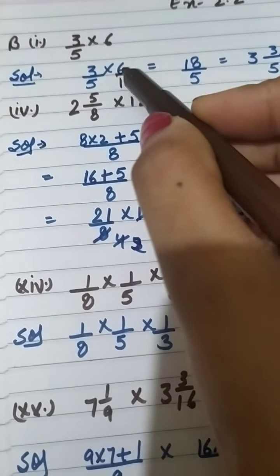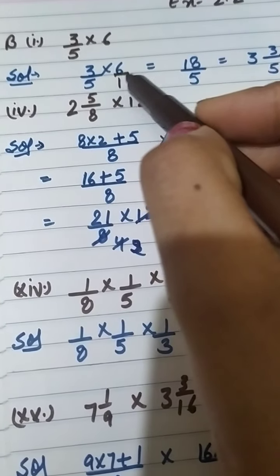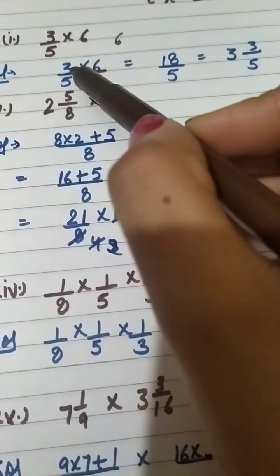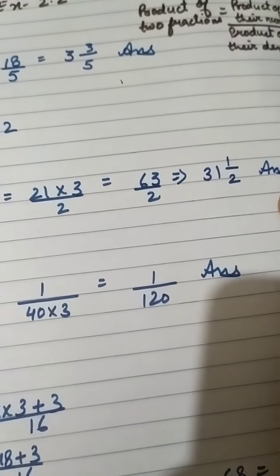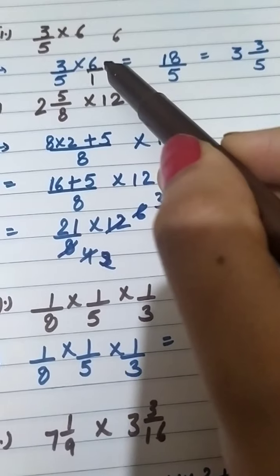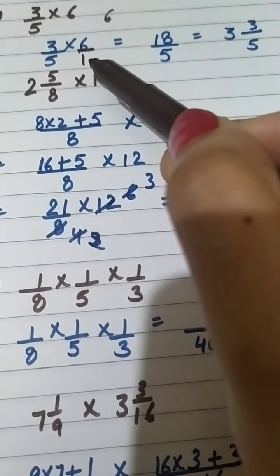You know this, that if there is no denominator, we assume 1, because if we write 6 or 6 upon 1, it is the same. So what is the formula? Product of the numerators means 3 multiply 6, that is 18, and 5 multiply 1, that is 5.